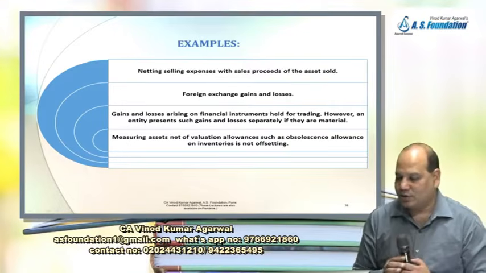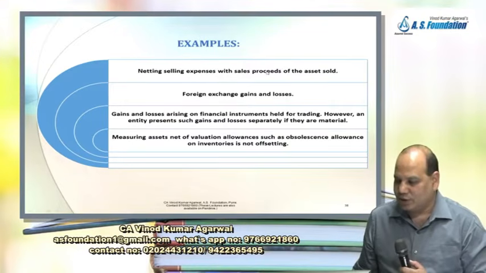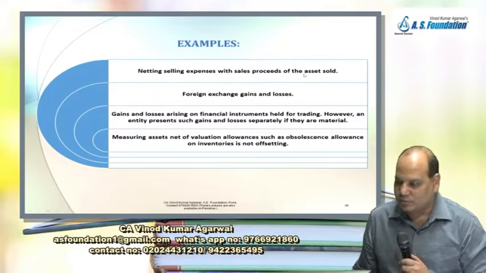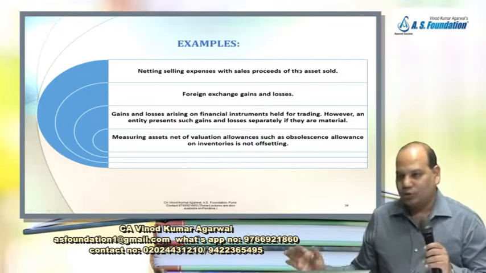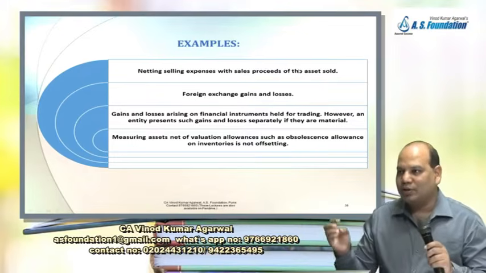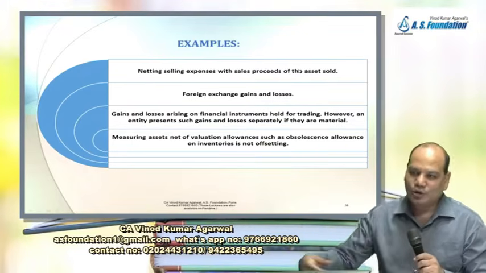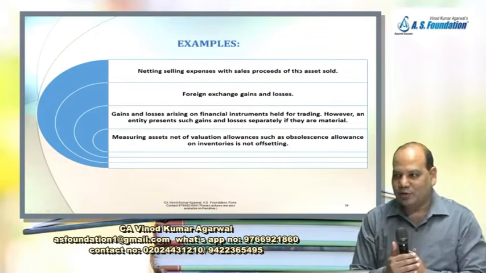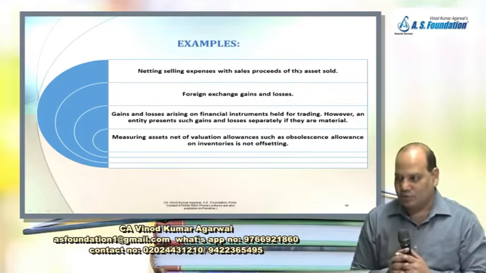The answer is we can set off, and only the net amount is shown when we sell an item of property, plant and equipment. So its cost, its sale value and whatever expenditure we have incurred, all of this will be brought together and we'll see the net gain or loss on what is sold.